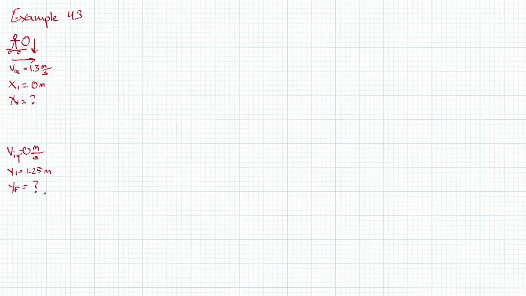For part A, time equals 0.250 seconds. For part B, time equals 0.5 seconds. And part C, well, we'll do that a little bit later. And we want to find the final x and the final y for each of those 2 times.